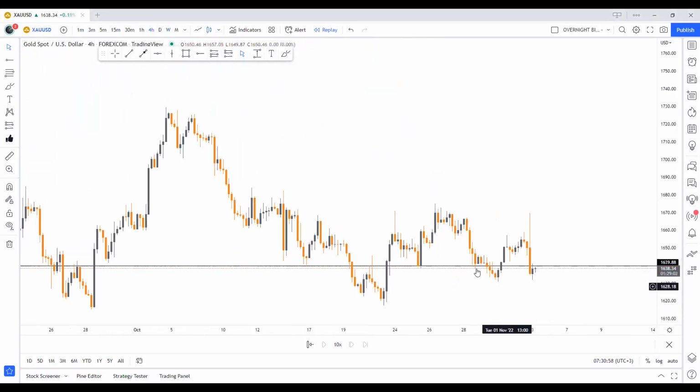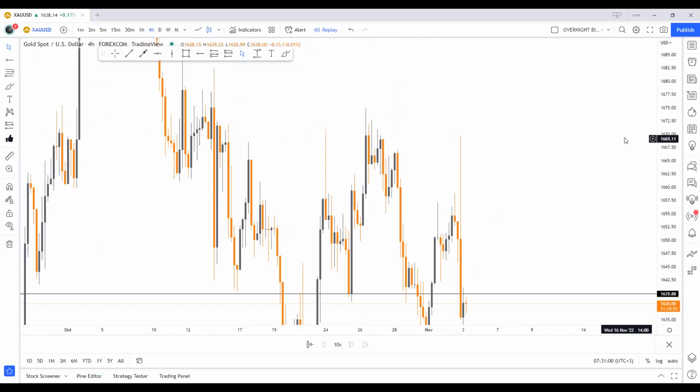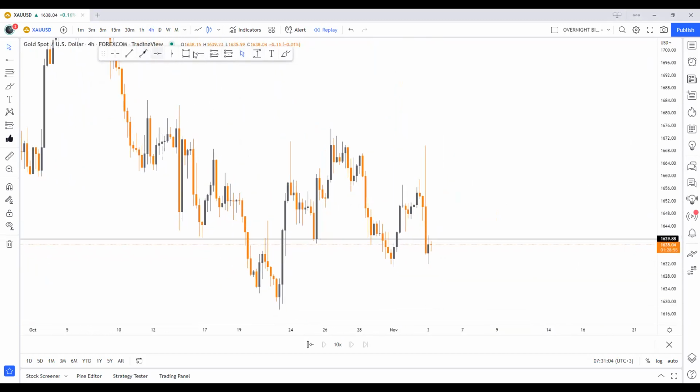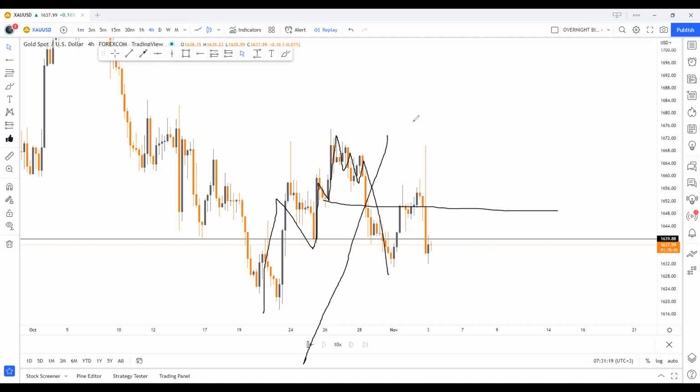Thereafter, our 4 hour was our area where we wanted to enter the market. So we had this structure here, a series of highs and lows. Thereafter, the market broke our structure. So this is the break of structure, or we call it a shift.